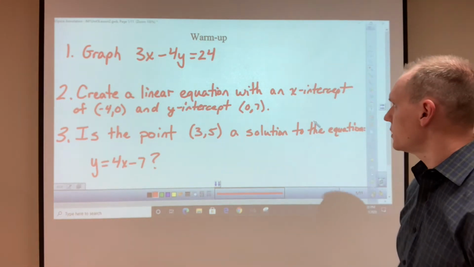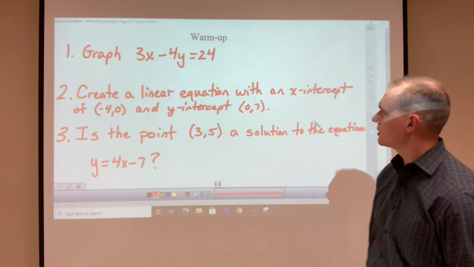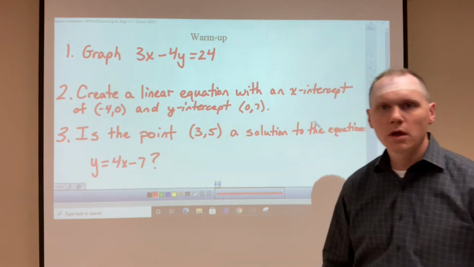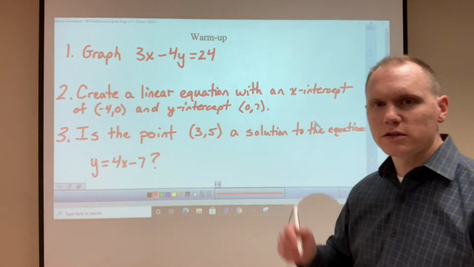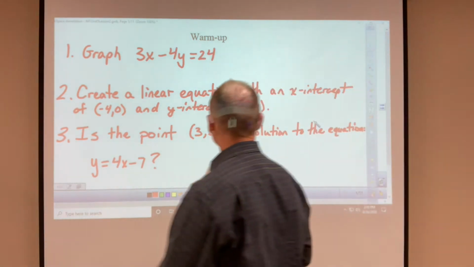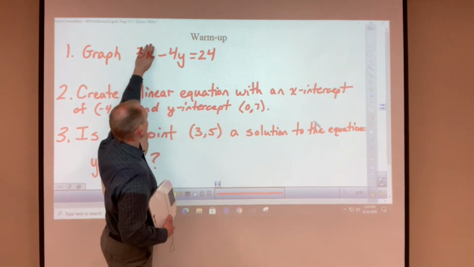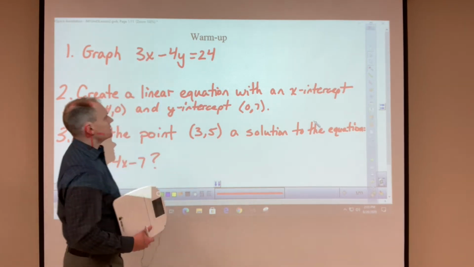All right, so in number one here, we've got this graph 3x minus 4y equals 24. As we talked about in our last lesson, this is called standard form, and we can find the x and y intercepts pretty quickly. The y-intercept would be 24 divided by negative 4. If we solve for y there, it would be negative 6.